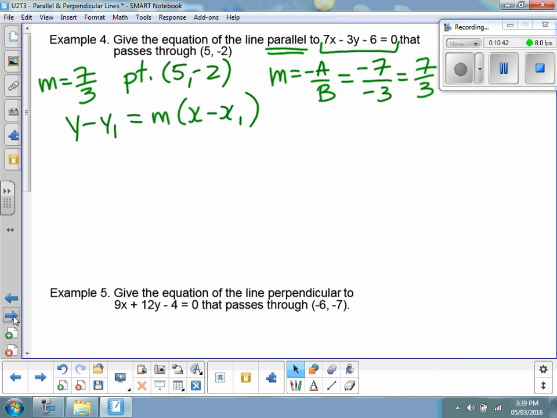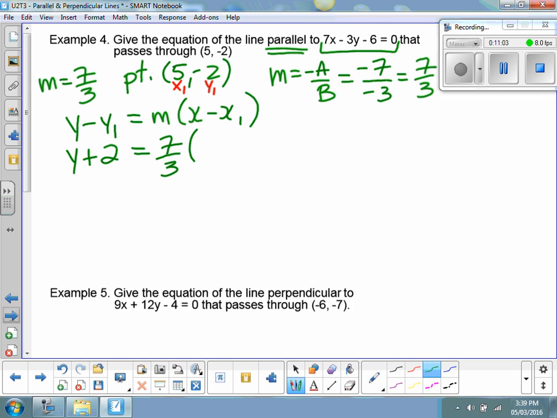So I've got my m. Keep in mind that this is going to be my x1 and my y1 when I substitute them in below. So y subtract negative 2 is going to actually become y plus 2. My slope is 7/3. And then I'm going to get x minus 5 in my bracket.